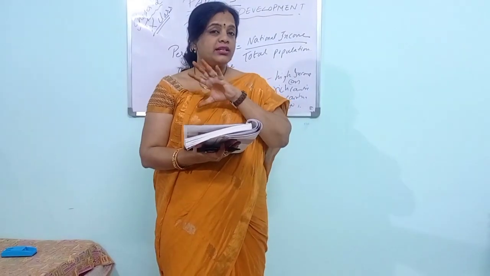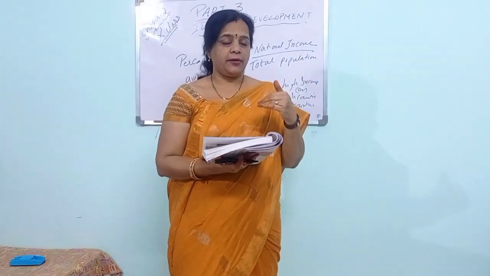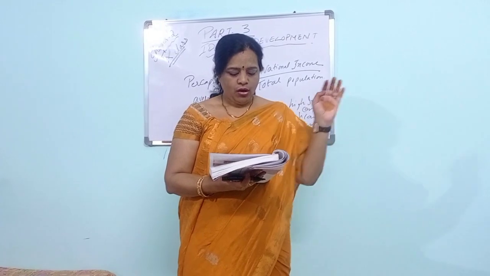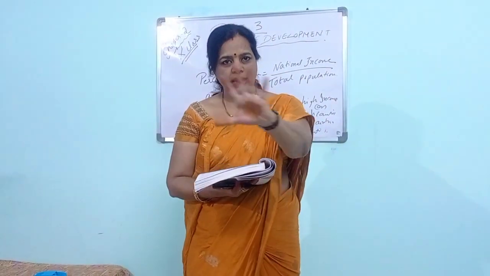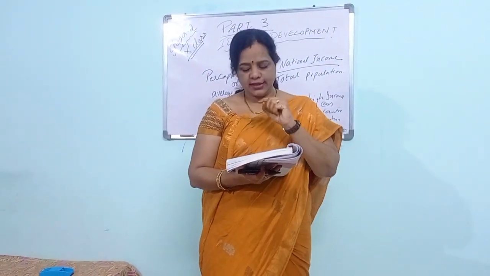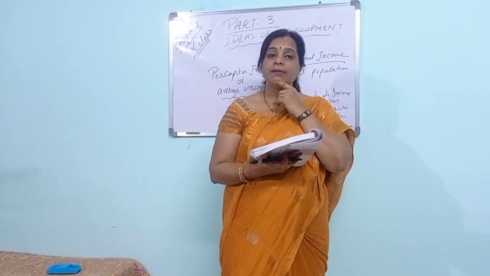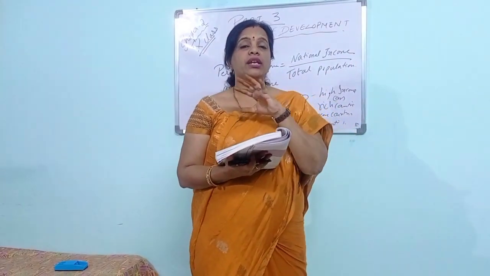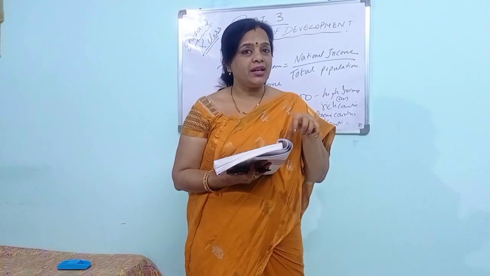So there are no big differences in country A. But in country B, four citizens have 500 income and only one citizen has 48,000. So that means there is no equal distribution of income in country B.